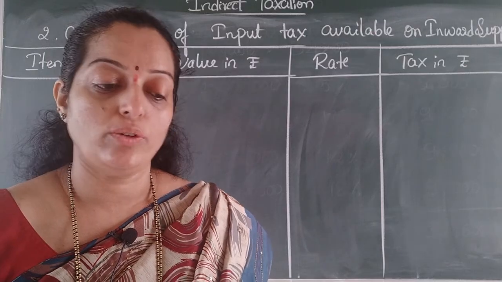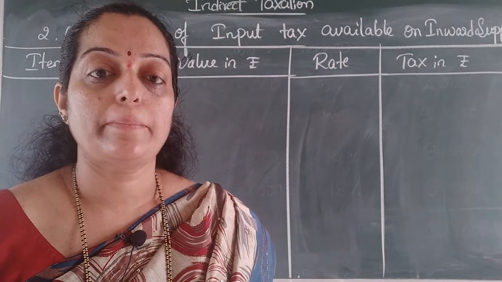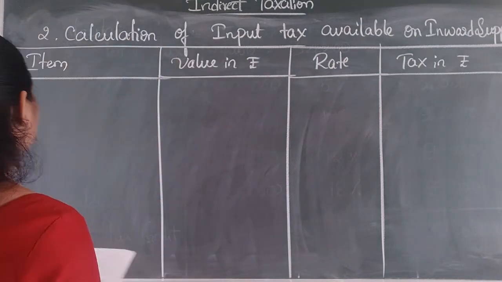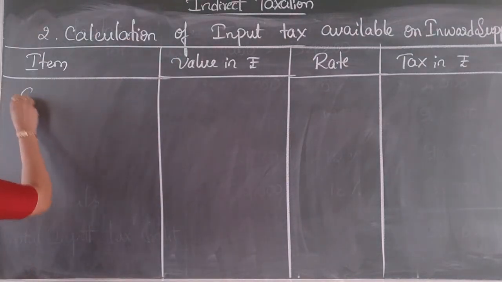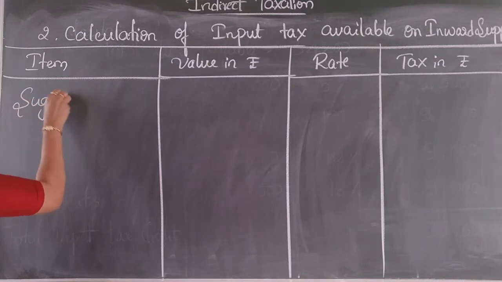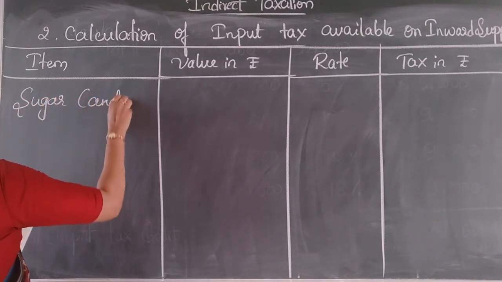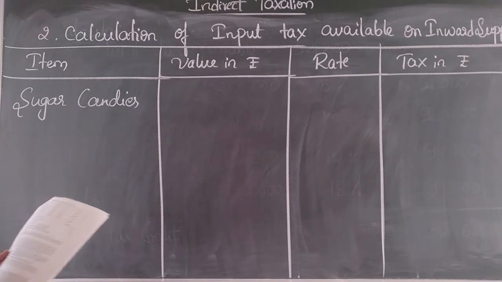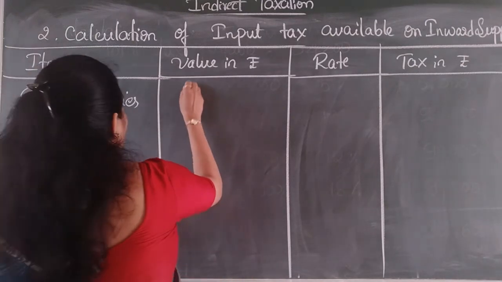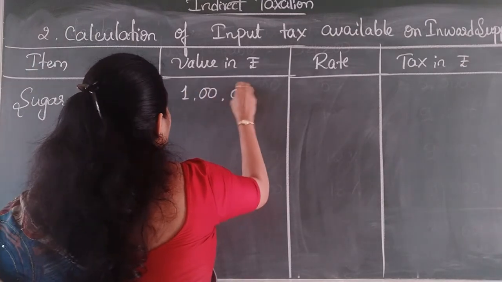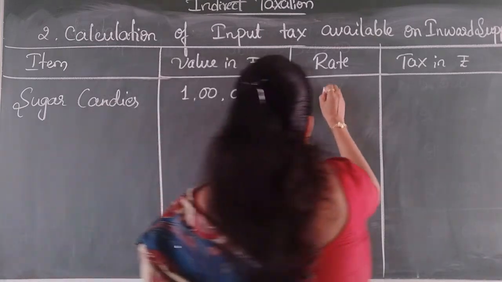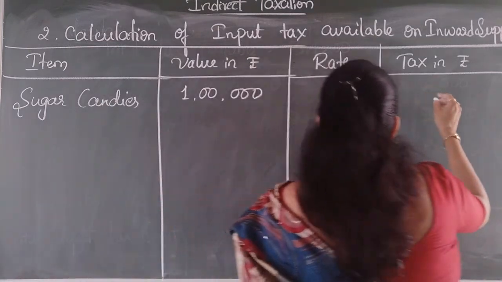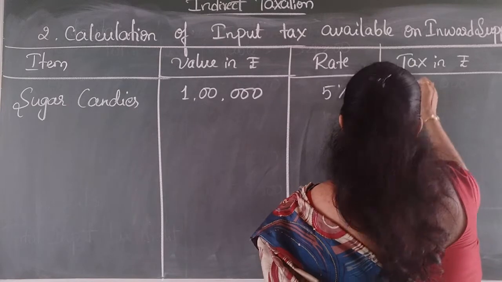Next, we need to find out the input tax available on inward supplies. For sugar candies, total inward supplies is 1 lakh. Rate of tax is 5%. 5% of 1 lakh is 5,000.